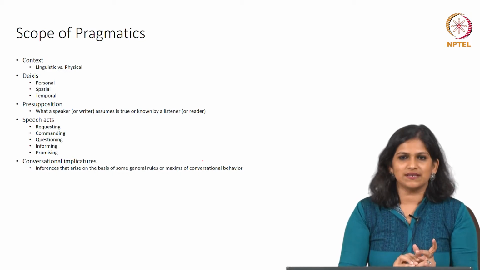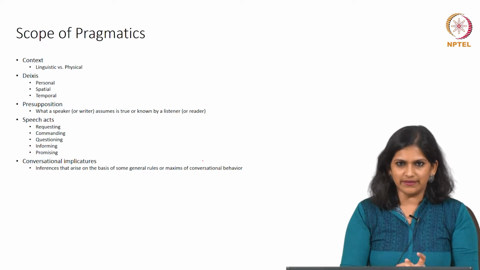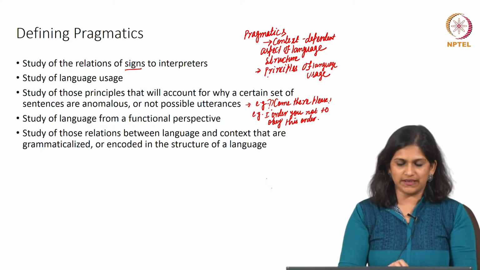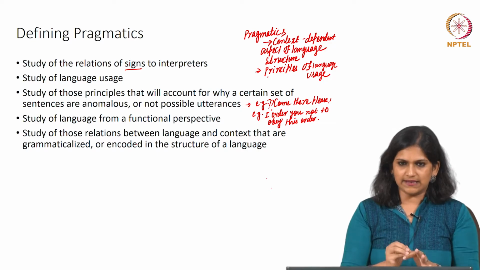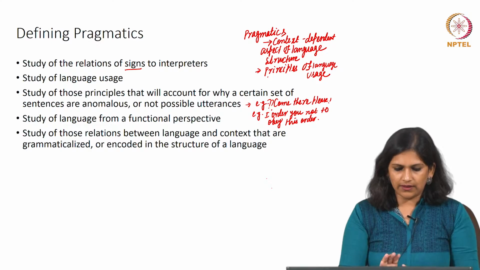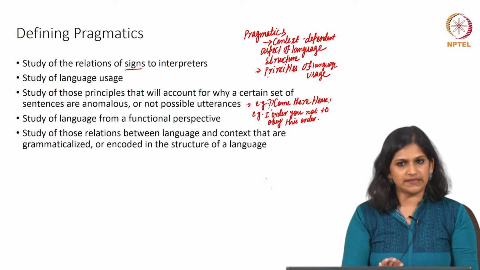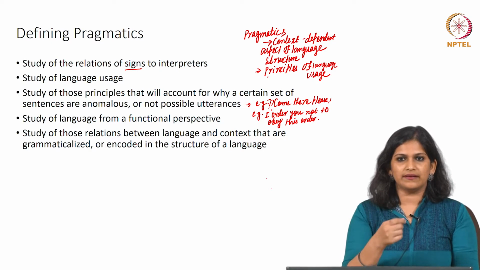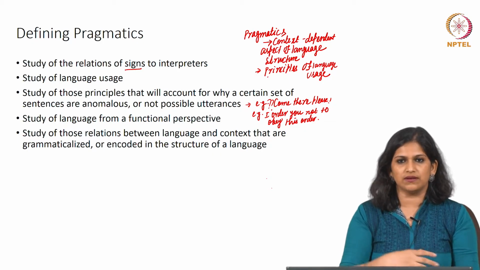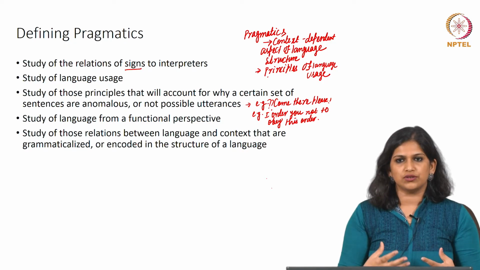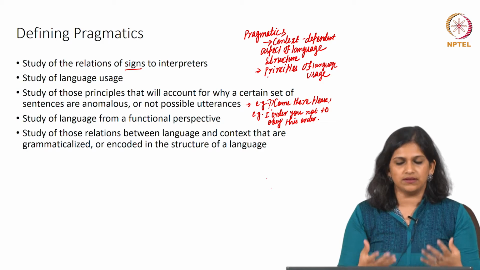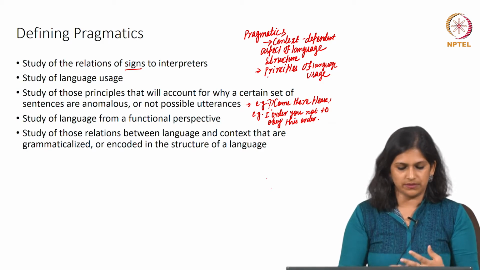It is also the study of language from a functional perspective, but the two most important things to remember are these. It helps us to understand the anomaly of constructions or sentences: the pragmatic features associated with a sentence should give us a clue why a particular construction is anomalous or impossible.